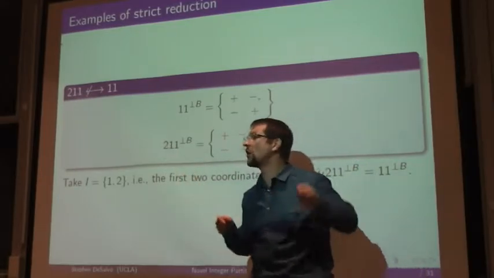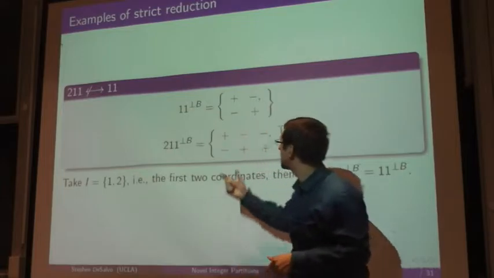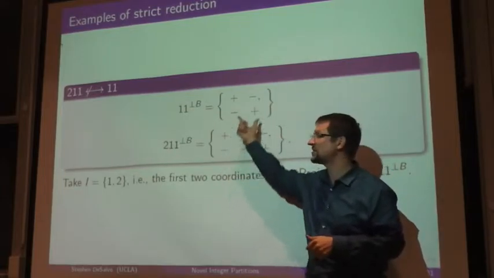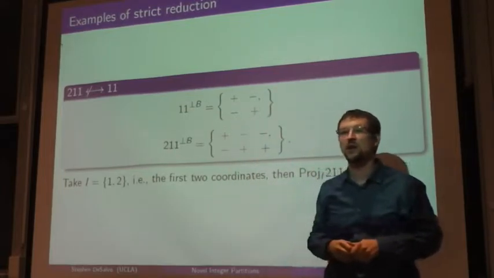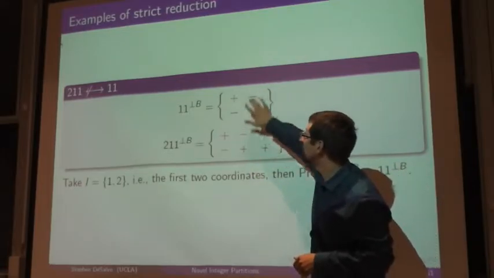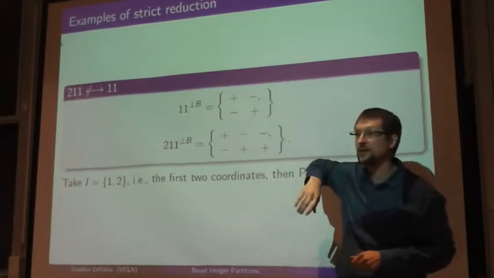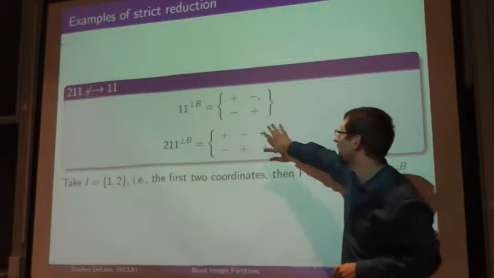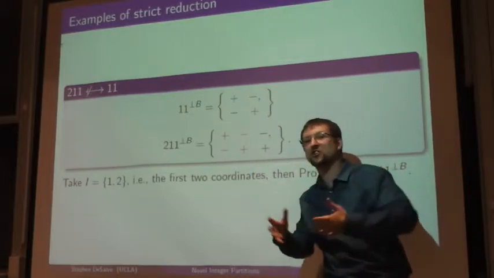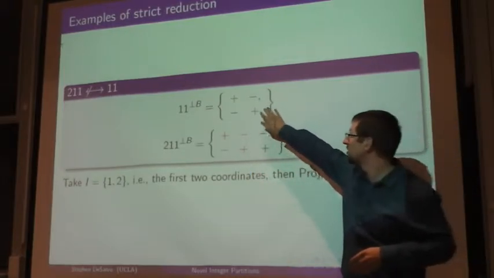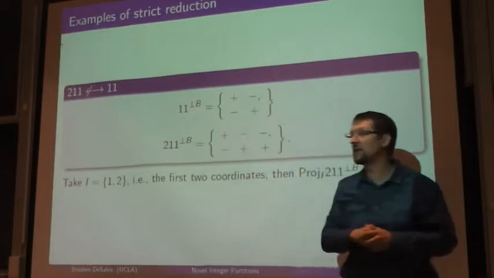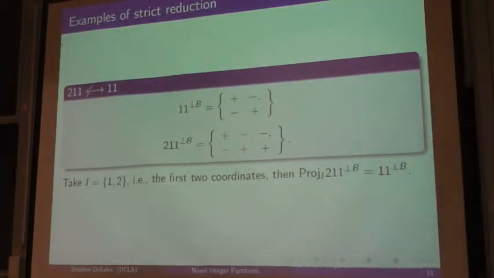And wherever the 2 goes, the 1 has to counteract it. So when you project and look at just the first 2 columns, you get inclusion in this 1, 1 template, in this Bernoulli orthogonal complement. So that's why we need that definition of projection. You get to ignore certain columns, and then if you're contained in another Bernoulli orthogonal complement, then you are strictly included.